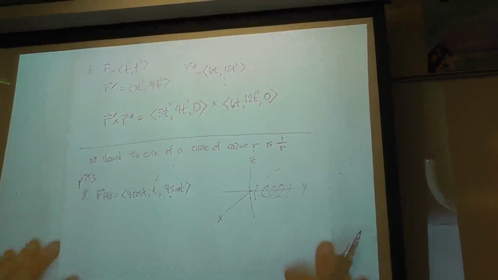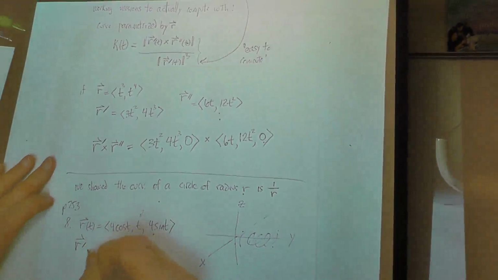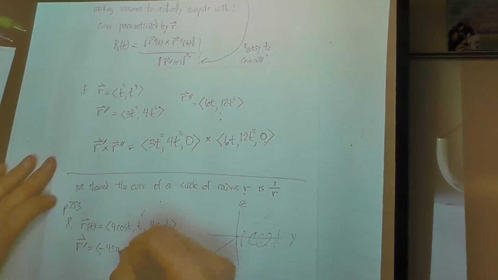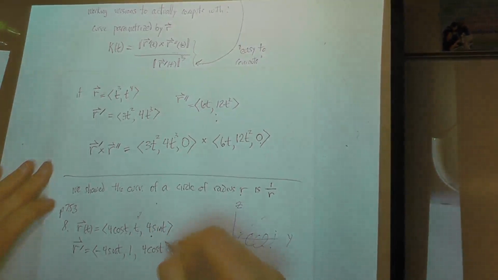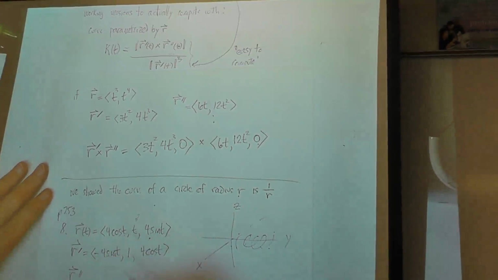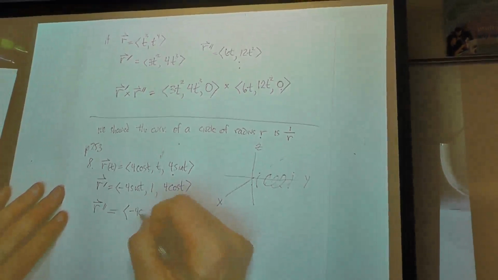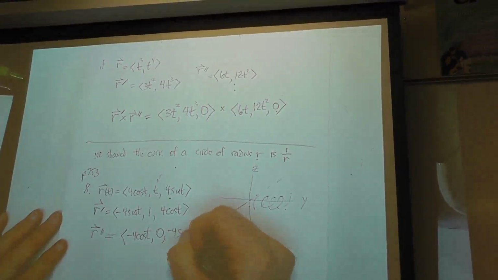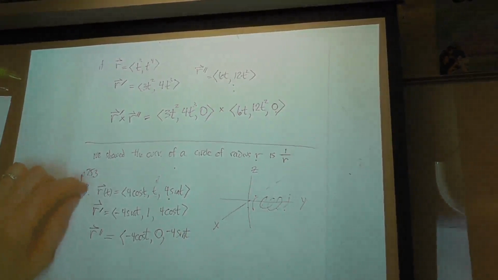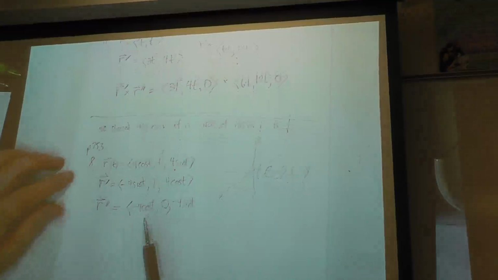So if I were to compute curvature here, I need r prime. I need r double prime. I need to cross these two and then take their magnitude.